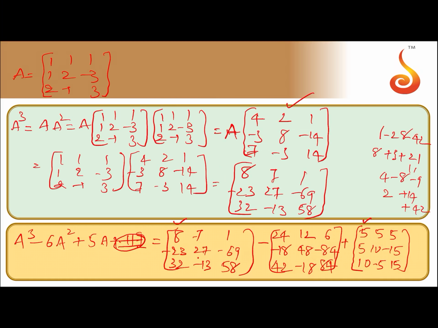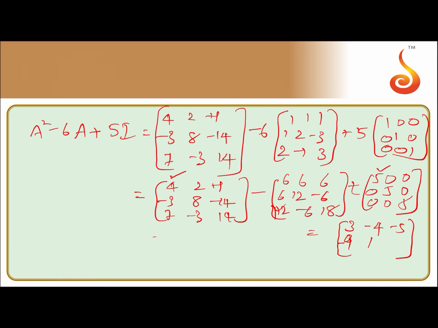Six 3s are 18, yes. Minus 14 plus 18 gives plus 4. And 7 minus 12, minus 3 plus 6 is plus 3. 14 minus 18, minus 4 plus 5 plus 1.